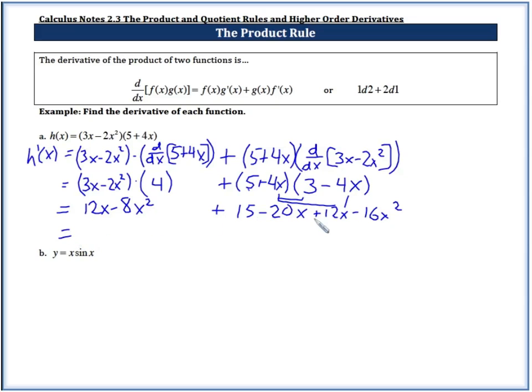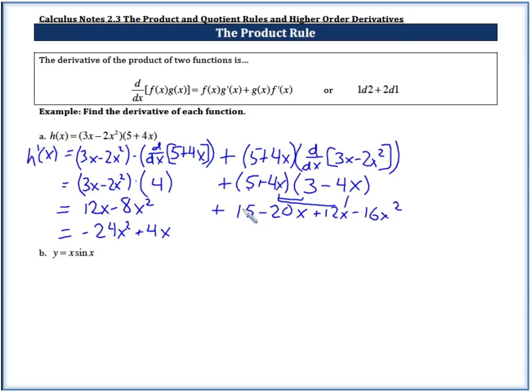Okay, so we'll combine our like terms. Looks like our highest degree is x squared, so we'll do that first. Negative 8 minus 16 is negative 24x squared. And then here we have 12x minus 20x plus 12x, and that's 4x.